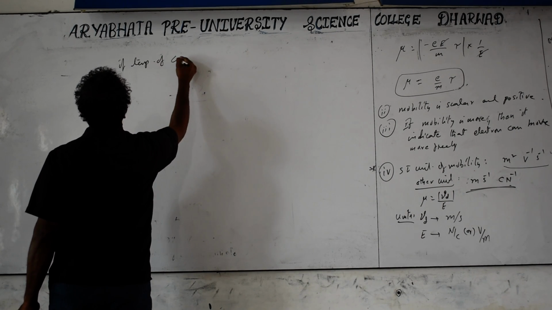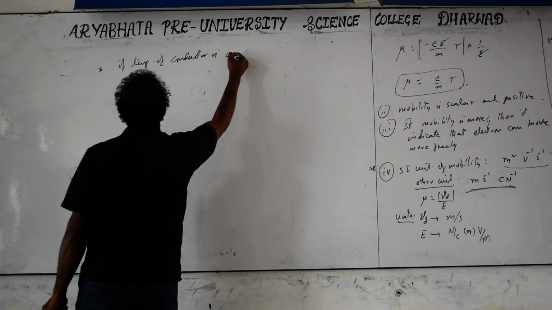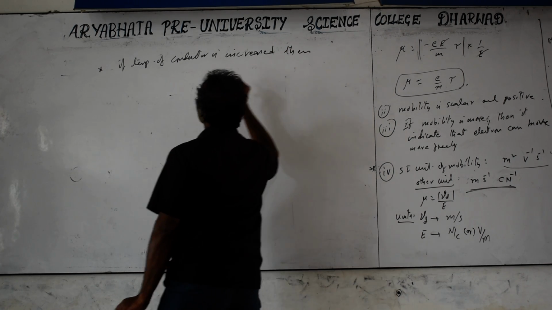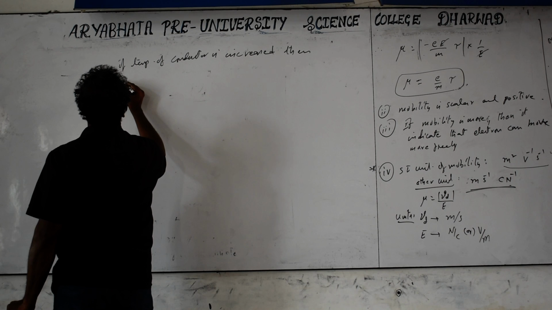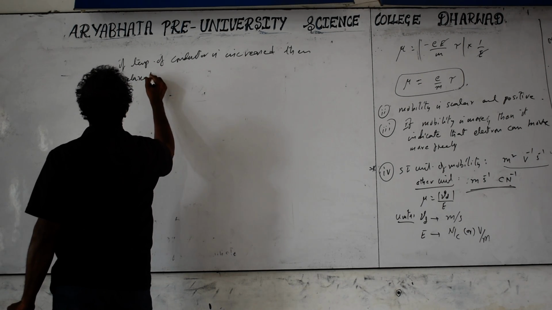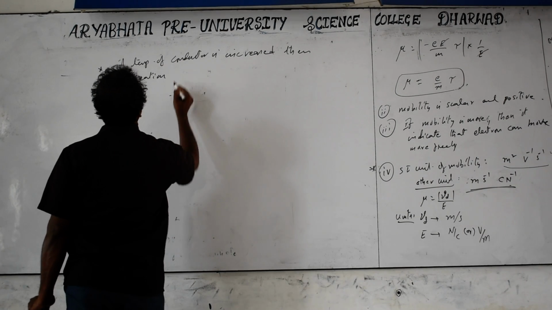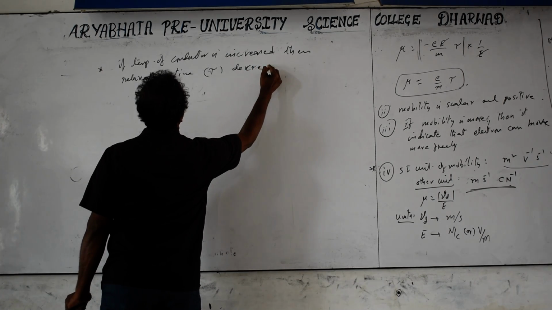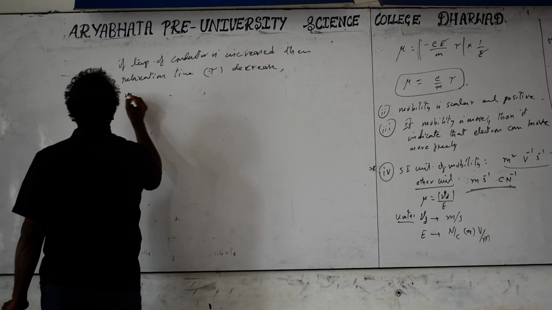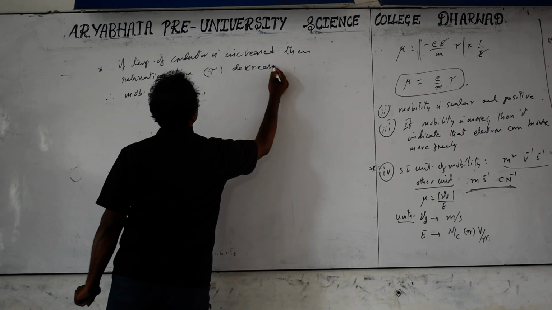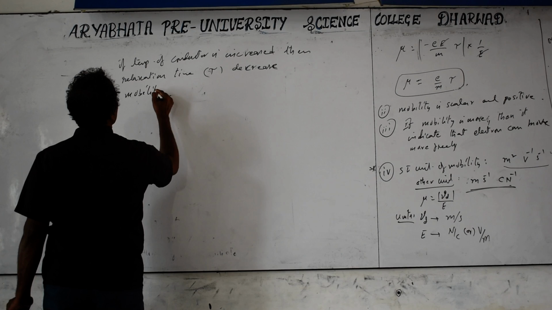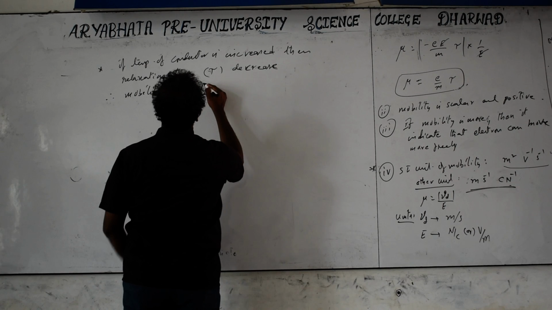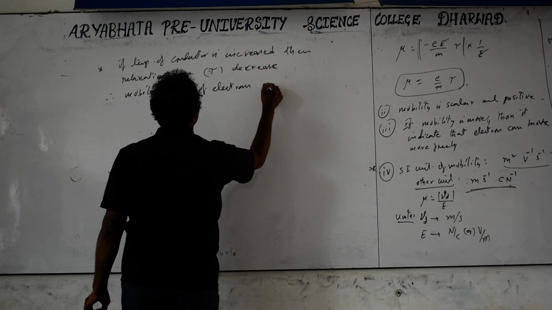If the temperature of a conductor is increased, then relaxation time tau decreases, therefore mobility mu of electrons decreases.